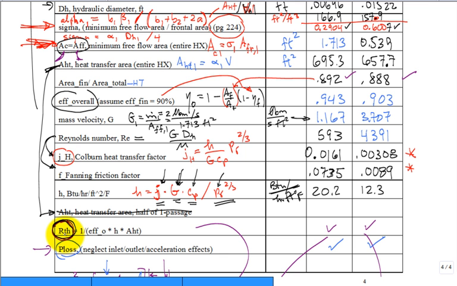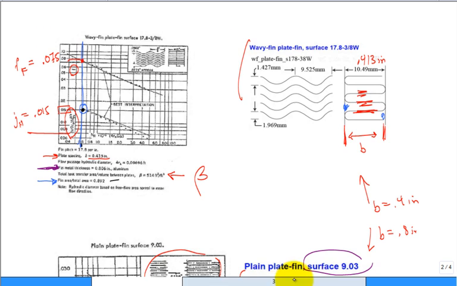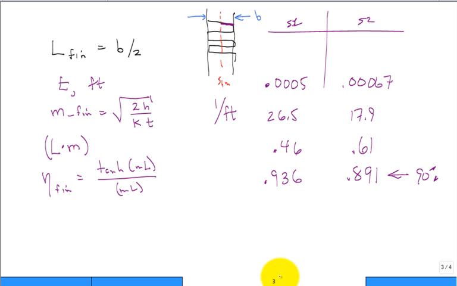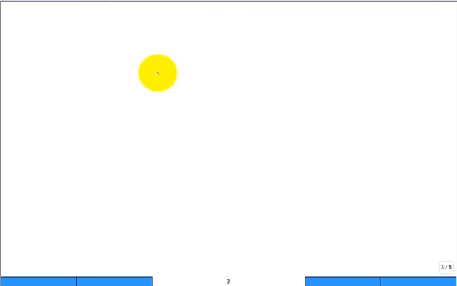which is, let me jump to a new page so I can explain it. Last time I talked about there's a plate, there is half of our fin surface on one side and half of our fin surface on the other side. Just think about the symmetry.